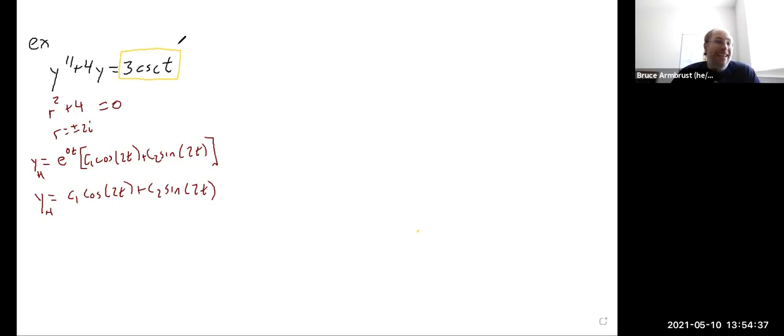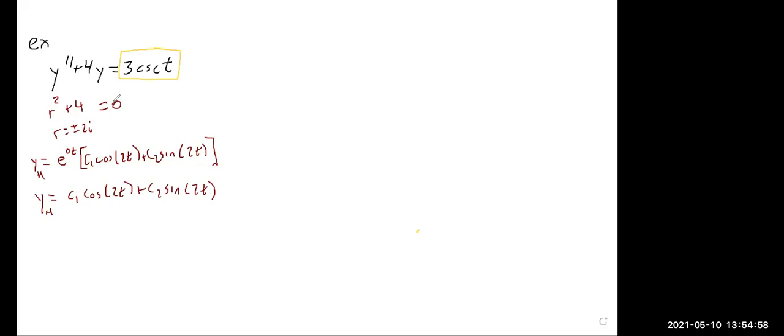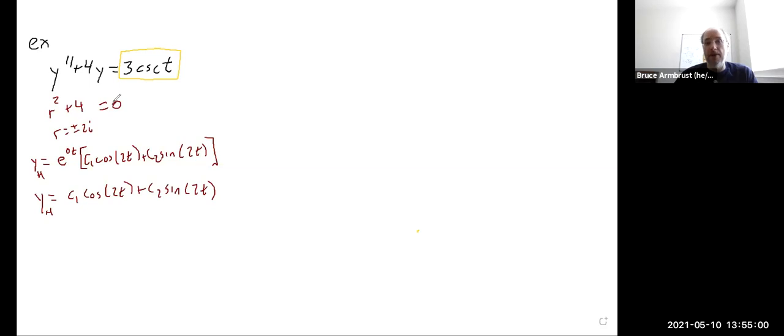So before we just made a guess. Well, what kind of function can you think of that would give you a cosecant when you take its second derivative and add it to 4 times itself? The natural log of sine. Okay, so we do know that you can differentiate the natural log of sine to get cosecant.